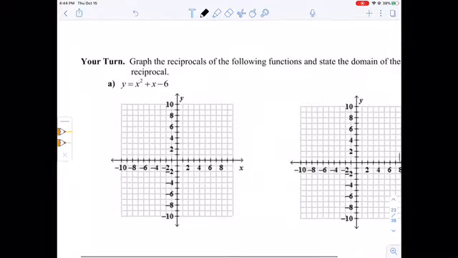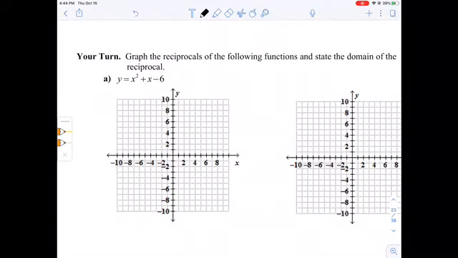Now, the next one says your turn. I would recommend that you pause the video and try this yourself. Before you do that, I would first factor, find the x-intercepts, and draw the original function. So let's factor and find the x- and y-intercepts. Once you know the x-intercepts, you can find the asymptotes of the original function.